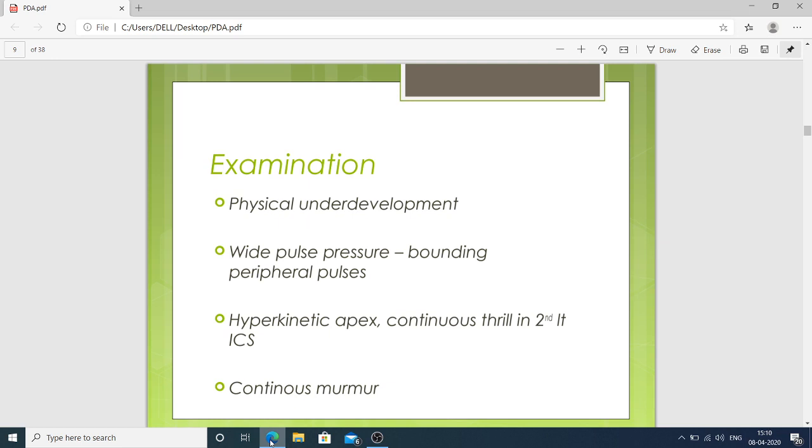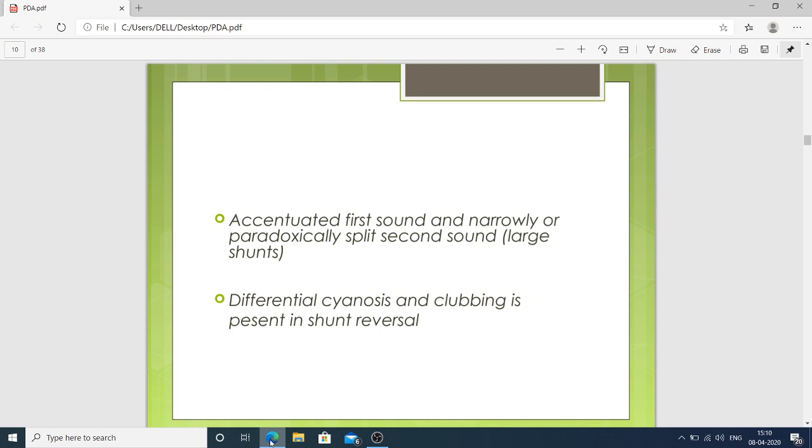Then continuous murmur. The normal heart sound is lub dub. When in between the lub dub there is an abnormal sound, that is known as a murmur, and it is continuously present in a baby suffering from patent ductus arteriosus.